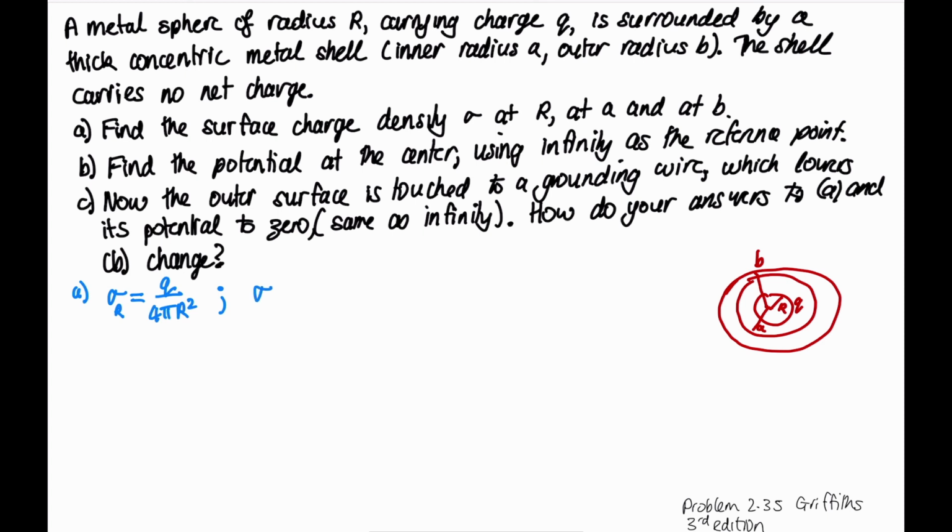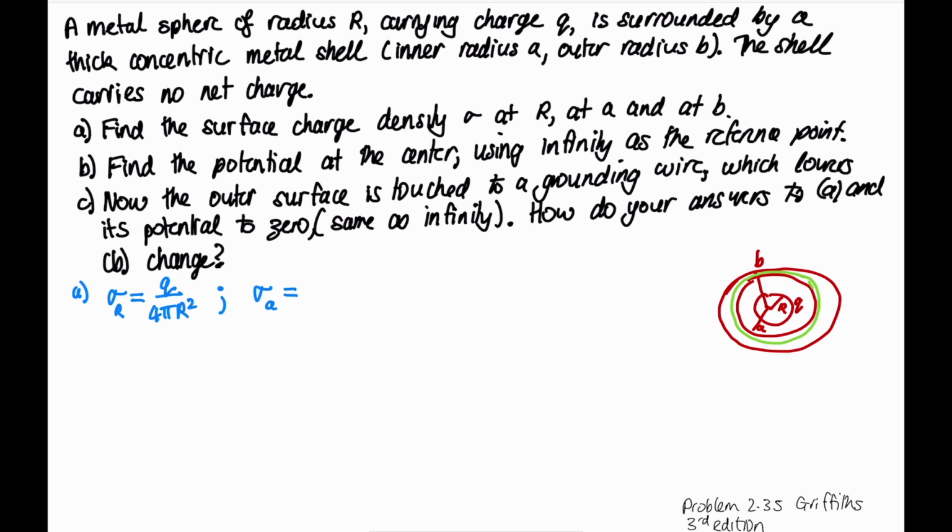Next, we need to calculate the charge density at a. Now, let's think about what's going on. We know that because this is another spherical shell, inside this metal spherical shell here, there is no electric field. So, for example, with the green Gaussian surface that I have drawn there, that must contain 0 charge.